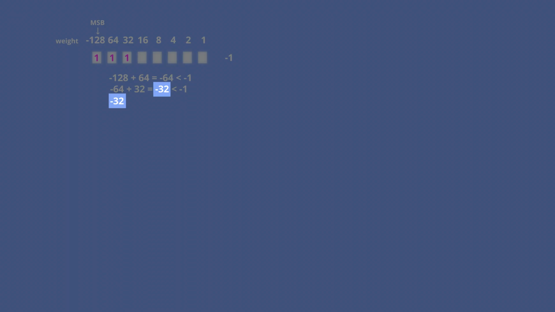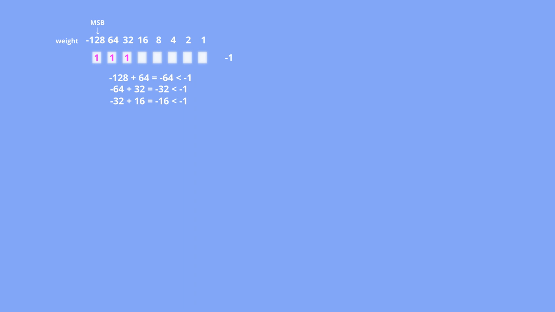We need to take 32 because negative 64 plus 32 equals negative 32, and negative 32 is less than negative 1. We need to take 16 because negative 32 plus 16 equals negative 16, and negative 16 is less than negative 1.